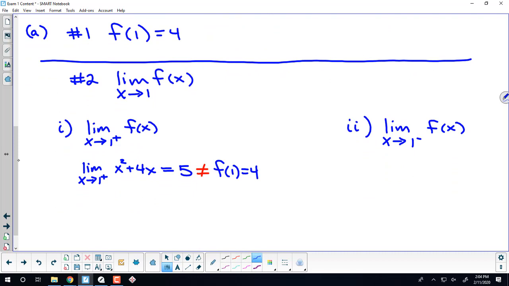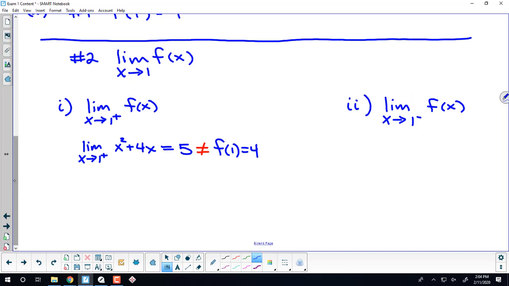And from the one-sided limits, now we can state what's true about continuity from the right. Is this function right continuous? No, because we don't have it equal to the function value. F of x is not right continuous.